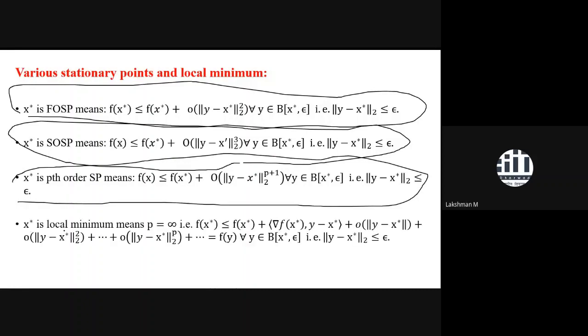x star is a local minimum if x star satisfies all these stationarity conditions for p up to infinity. That means f of x star is less than or equal to all these inequalities.